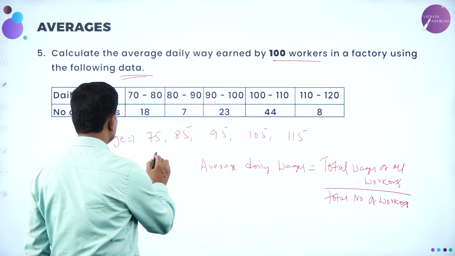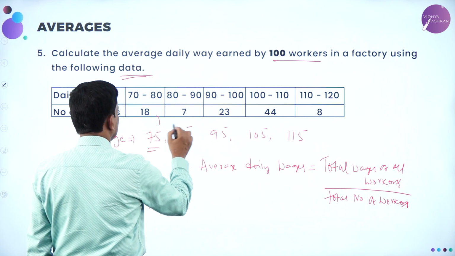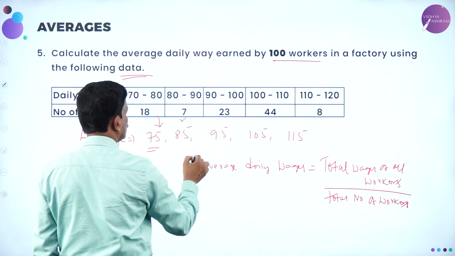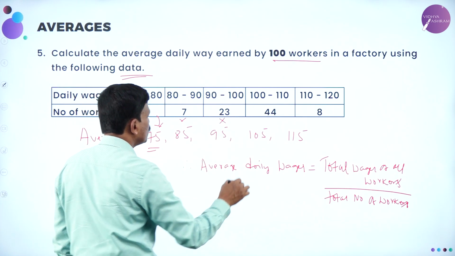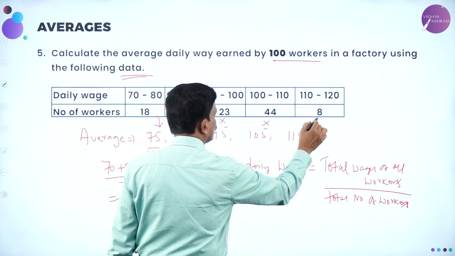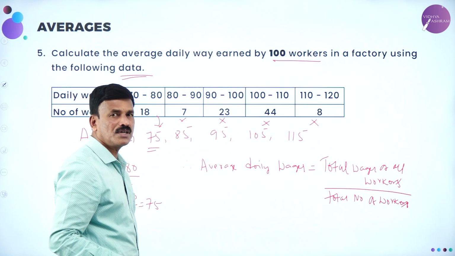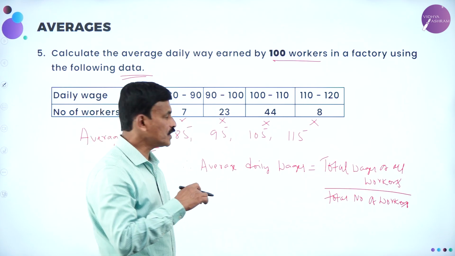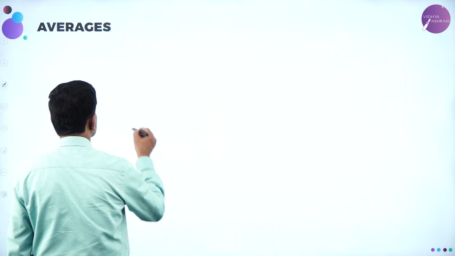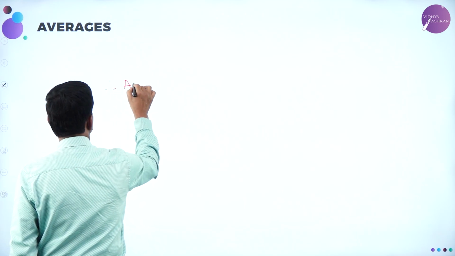Just multiply 75 into 18, then 7 into 85, 23 into 95, 44 into 105 plus 8 into 115. That's it.